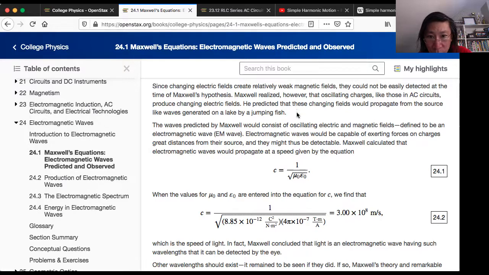So if you keep changing fields, like say you have an AC circuit, you produce changing electric fields. Each electric field that you generate keeps changing, and therefore you create magnetic fields as well. And if they change periodically, in a way that's predictable, then you actually wind up having this energy go away from your source.